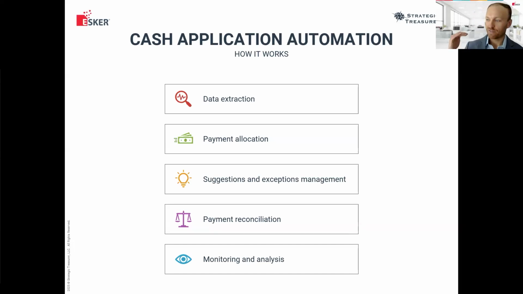The suggestion gives these are the invoices we think this payment is for, where if you were to do that manually, you'd be going through adding up all those different invoices to say, okay, this is what I think it equals. If there's no remittance, they're not even telling you what they're paying. The suggestions feature, that automation piece, can say, okay, these are the invoices we think this payment's paying.